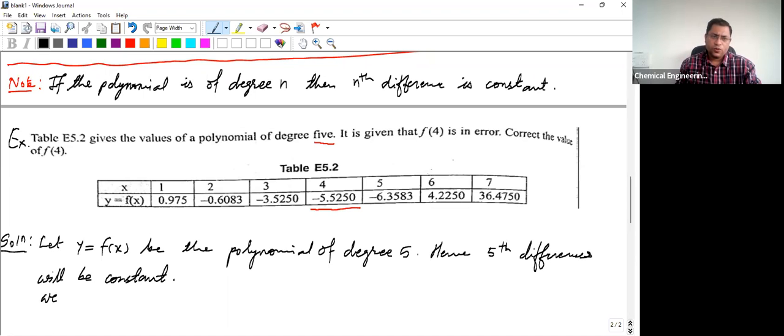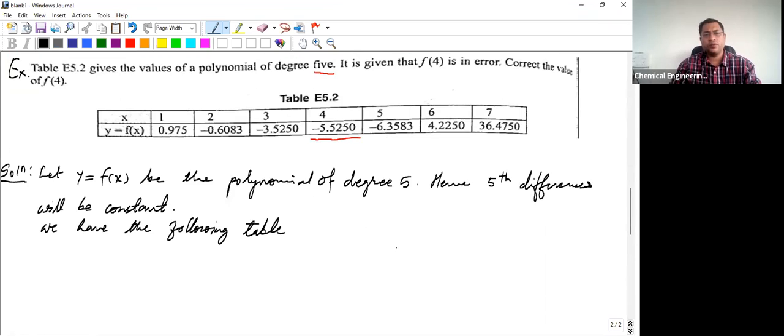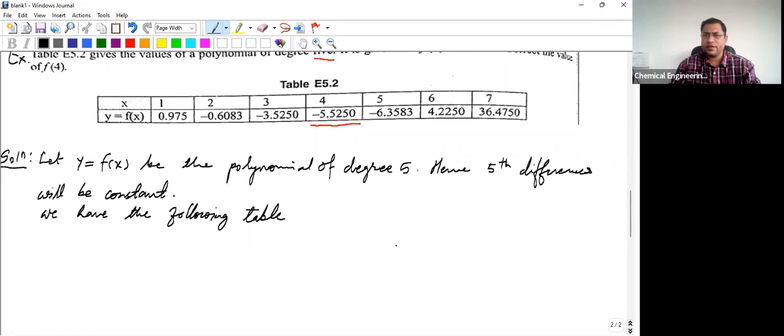So we have the following table. Now I want you to make the table.